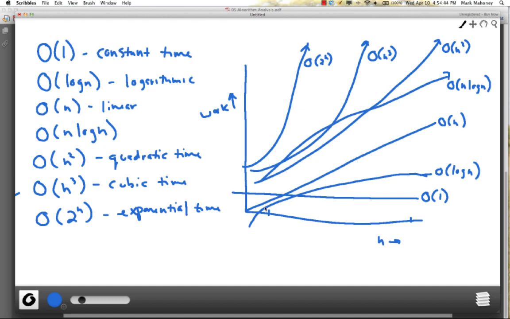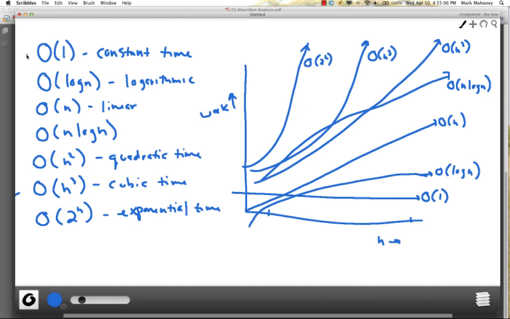Okay, so many of the algorithms that we're going to talk about in data structures, we'll be able to measure. We'll say, oh, it's either a constant time algorithm, or a log n, or an n log n, or an n squared. And again, these are kind of listed from best to worst.